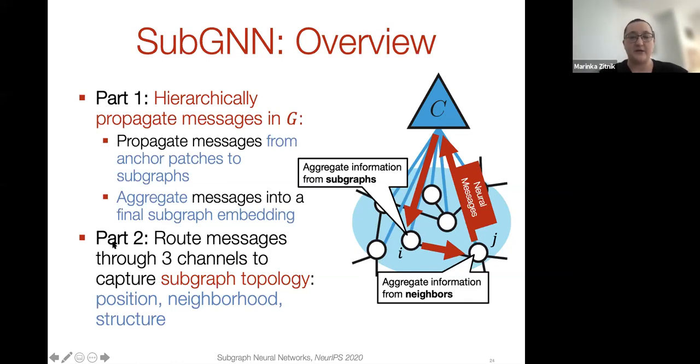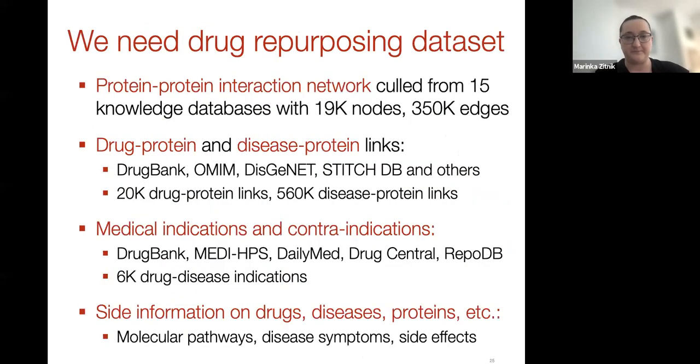The second important component of the model is that this routing of neural messages along edges of the graph is done in a way that is cognizant of three aspects of subgraph topology: position, neighborhood, and structure.